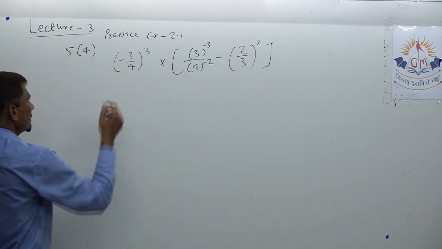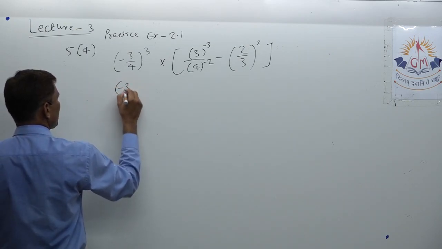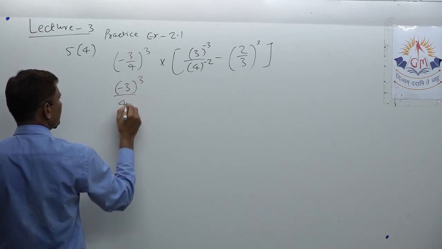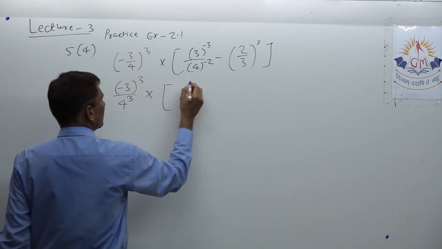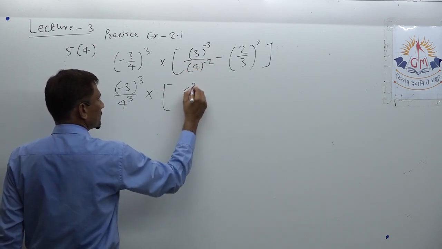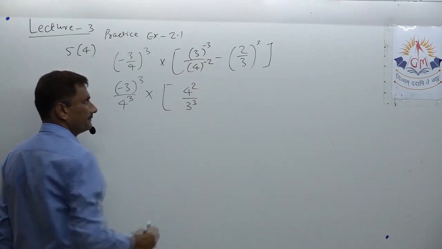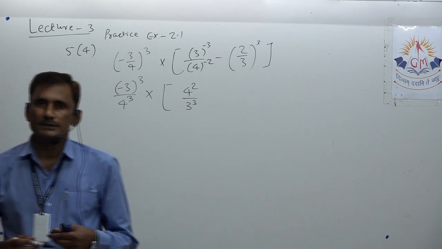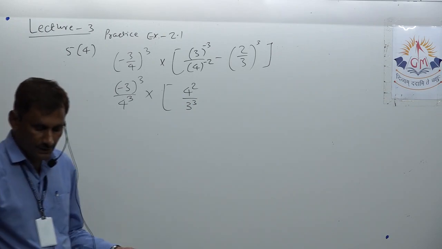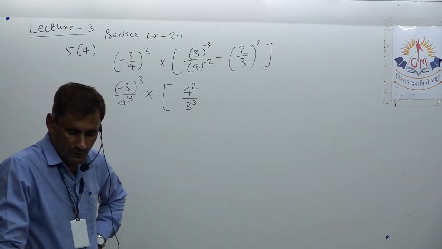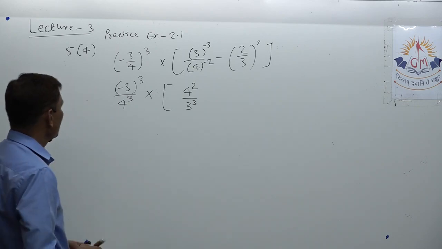So nothing to do here, just copy it. Otherwise if you want you can simplify somewhat here also. Now I can write 4 raised to 2, 3 raised to 3. Why? Just switch over from numerator to denominator, denominator to numerator.